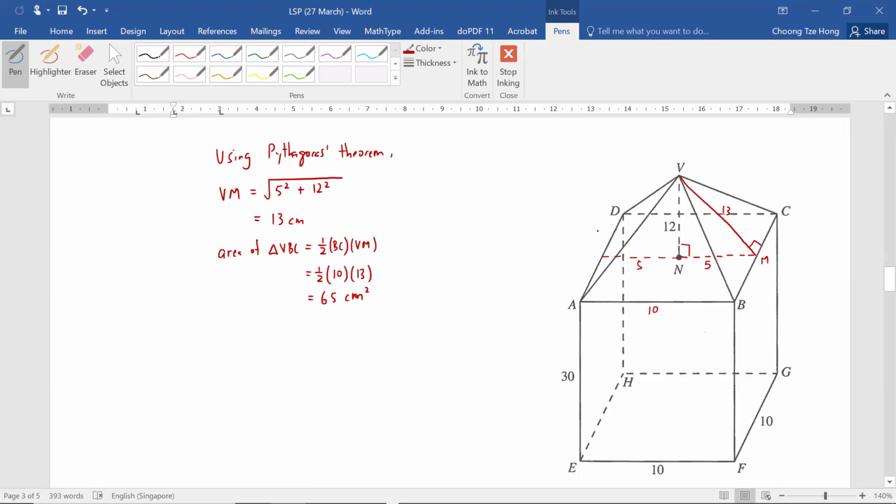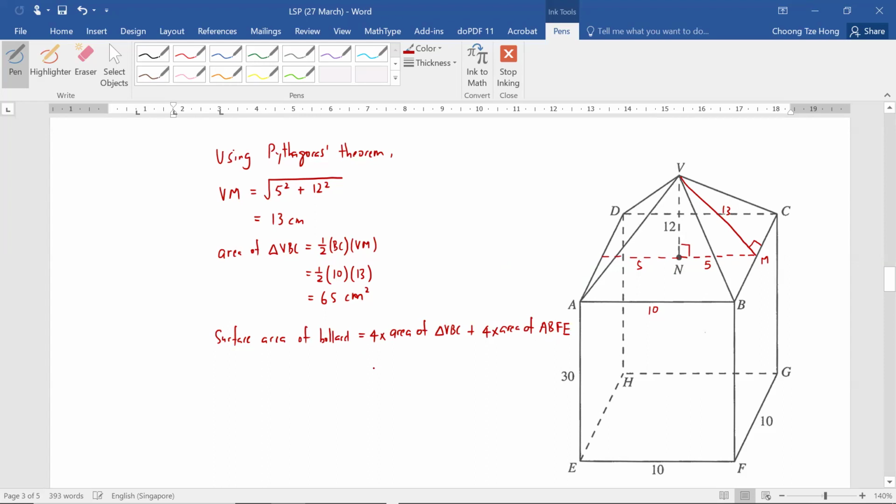We have the 4 triangular surfaces. Then find the area of ABFE, one surface, then we multiply by 4, around the cuboid. So the surface area of the bollard equals 4 times area of triangle VBC plus 4 times area of ABFE.